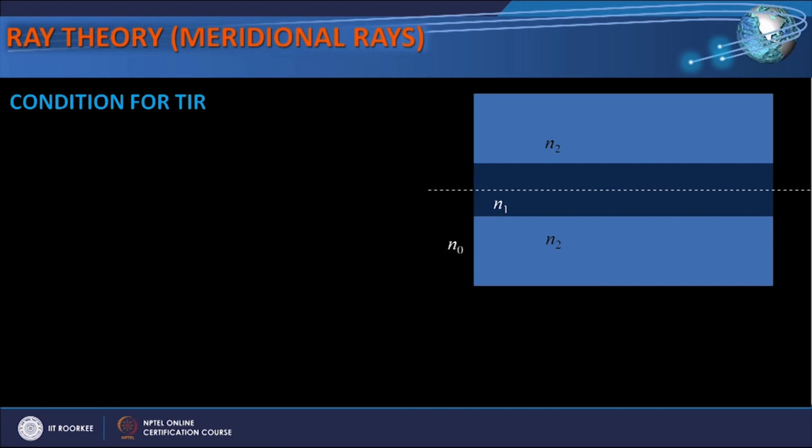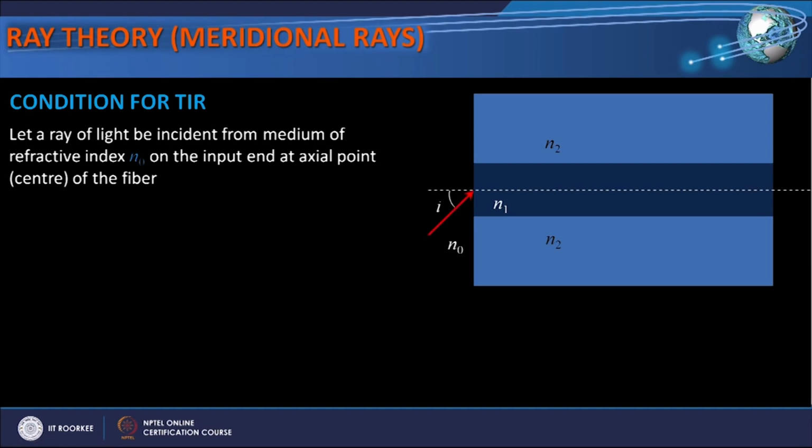Again, this is the longitudinal cross section of the fiber. You have a core with refractive index N1 and cladding of refractive index N2, this is the fiber axis, and the refractive index of the outside medium is N0. Now, let me launch a ray from the outside medium onto the input end of the fiber, let us say at an axial point, and it makes an angle I from the axis of the fiber.